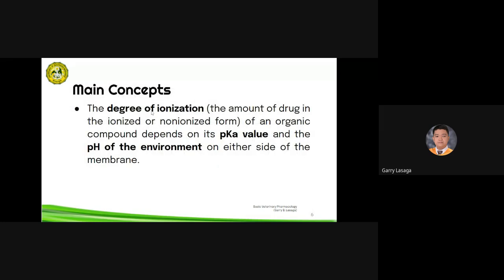The degree of ionization is the amount of the drug in the ionized or the non-ionized form. The degree of ionization of an organic compound will depend on its pKa value and the pH of the environment on either side of the membrane.